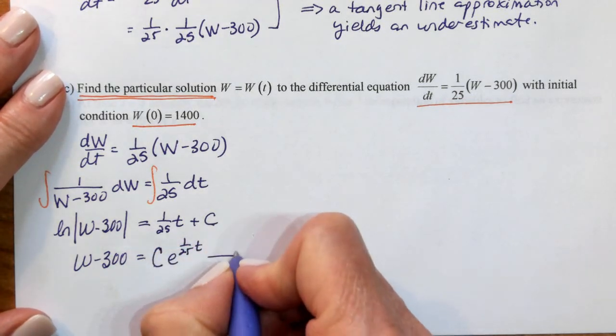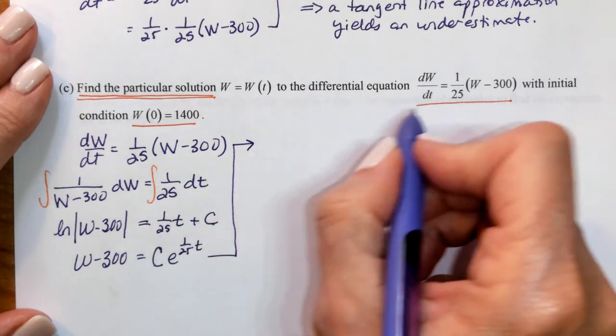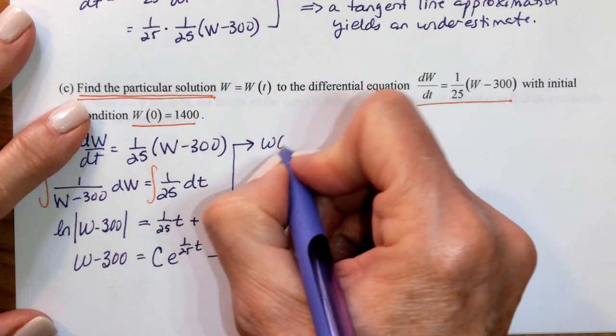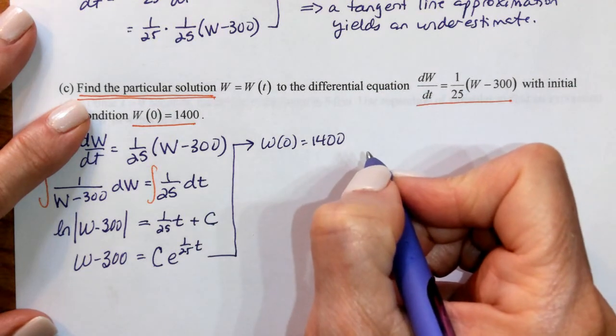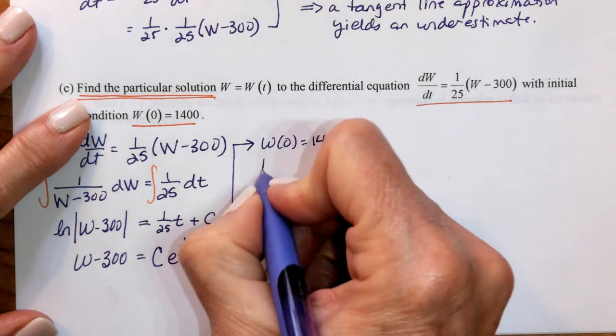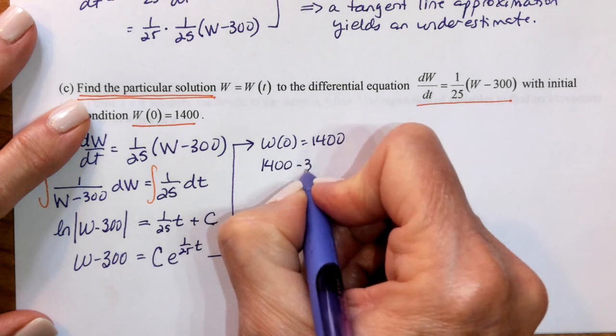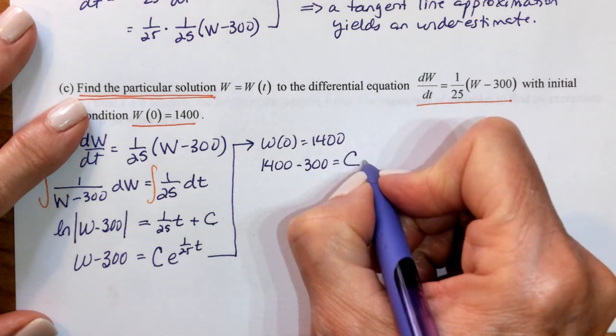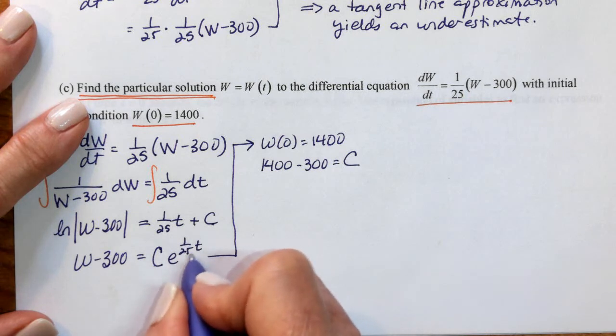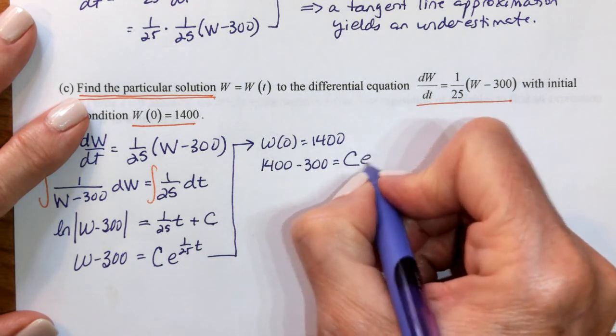At this point, I am going to plug in my initial condition. So W at 0 is 1400. I'm communicating to AP what we're doing. I put 1400 in for W, and I put 0 in for t, so this is just going to be e to the 0 or 1.